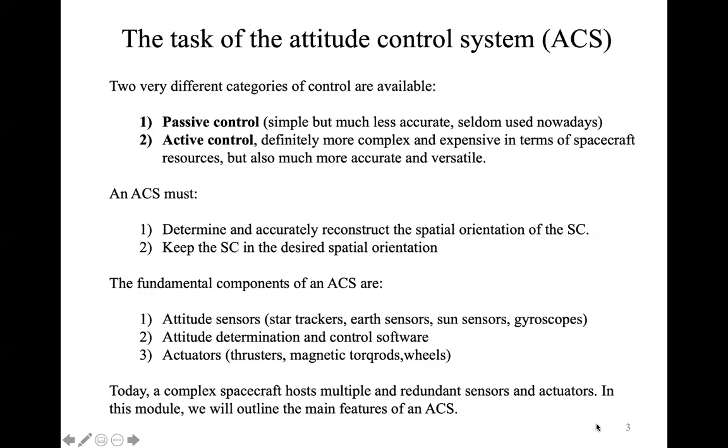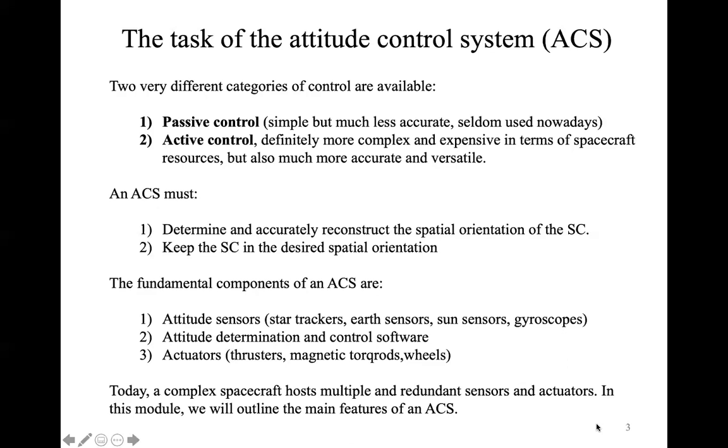So we have to induce torques to change the orientation of the spacecraft itself. That's the reason why active control is more complex, more expensive, but represents the main strategy, because it gives you the possibility to directly control the spacecraft and to point one axis towards the desired orientation.